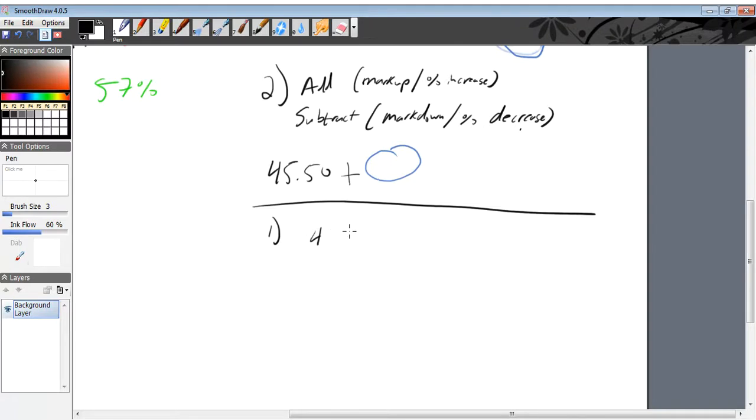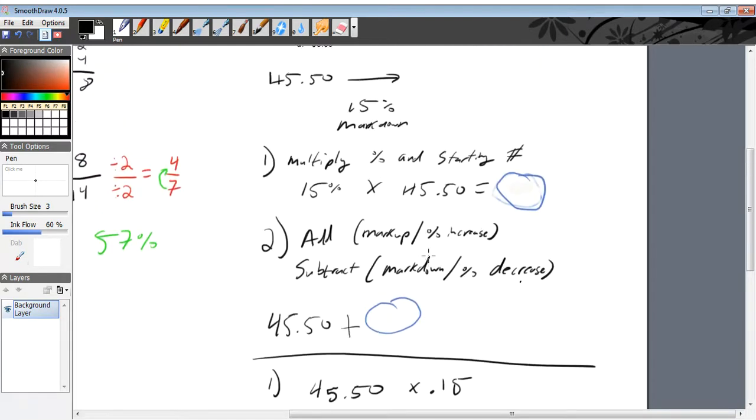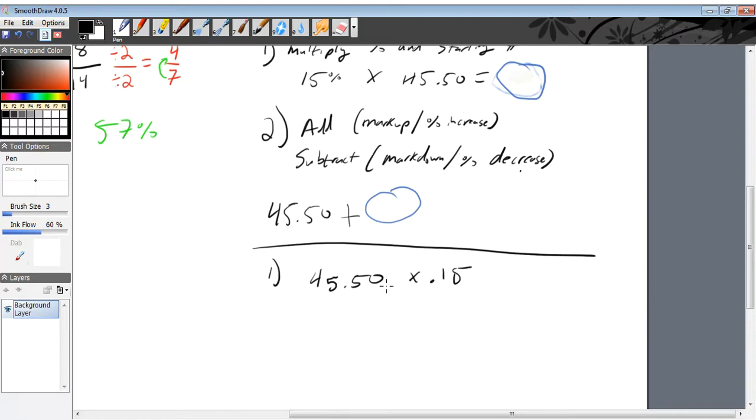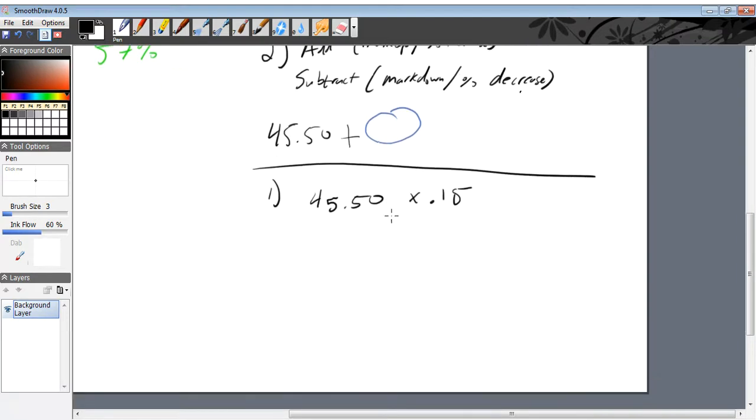This is now my problem solving process. 45.50 times 0.15. I just moved the decimal place 2 over. Now what I could do is multiply it, such as this. Multiply, put the 0.15 here, and do the long multiplication.